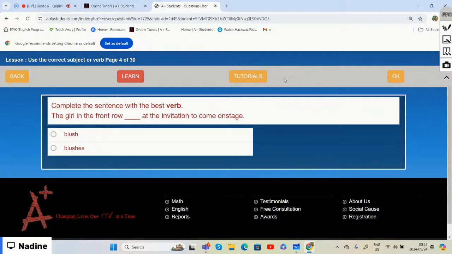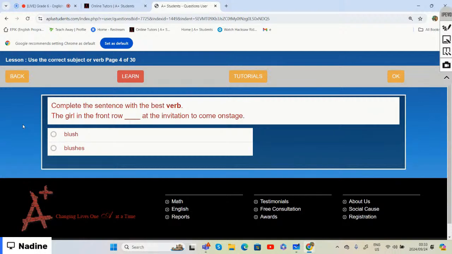All right. The next one says the girl in the front row. One girl in the front row. Do we say she blush at the invitation to come on stage or she blushes at the invitation to come on stage? The girl, it is one girl, singular girl.